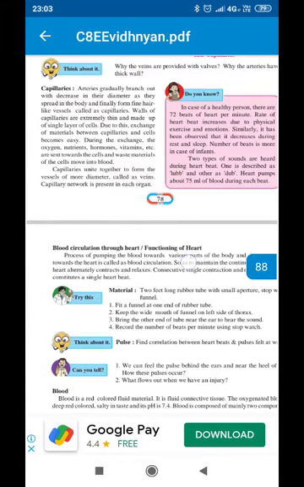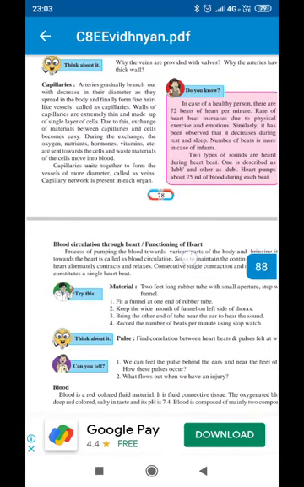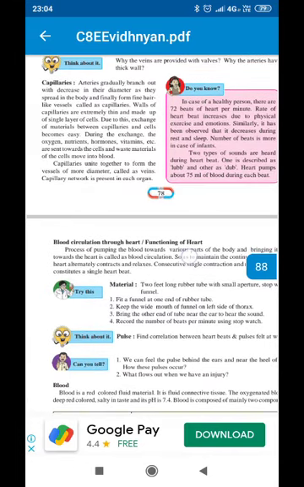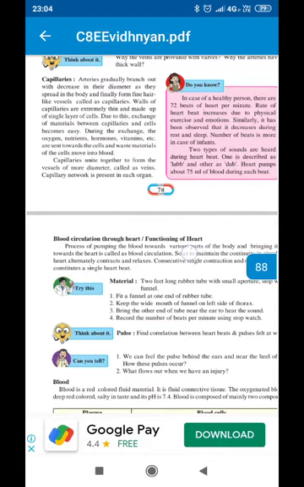Due to this, the exchange of materials between capillaries and the cells becomes easy. During the exchange, oxygen, nutrients, hormones, vitamins, etc. are sent towards the cell and the waste materials of the cells move into the blood.